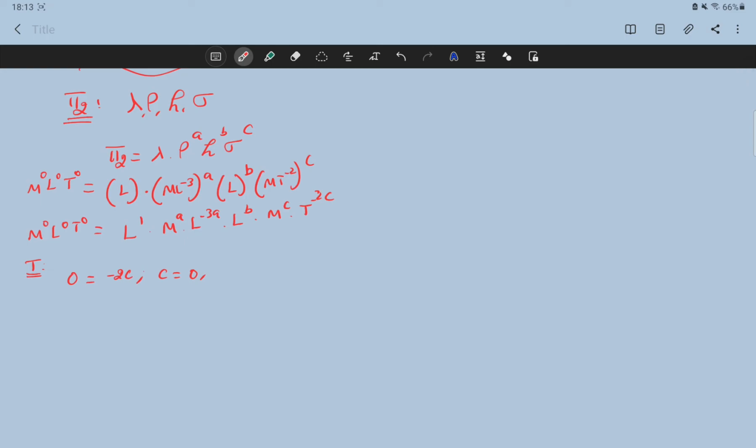Let us look at what happens to L. In L, the power is 0 equals, I'm just equating, 1 minus 3a plus b. So what can I say?